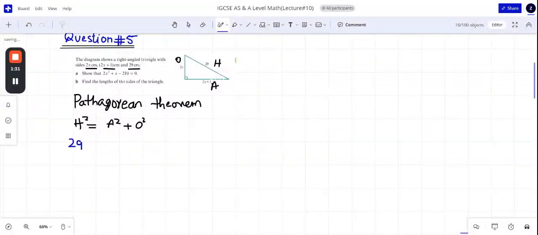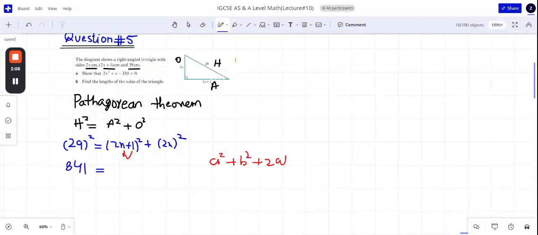In the theorem we substitute the values: 29 squared equals the adjacent, 2x plus 1 whole squared, plus the opposite, 2x squared. The square of 29 is 841. Here we open the square using the algebraic formula a plus b whole squared, which is a squared plus b squared plus 2ab.